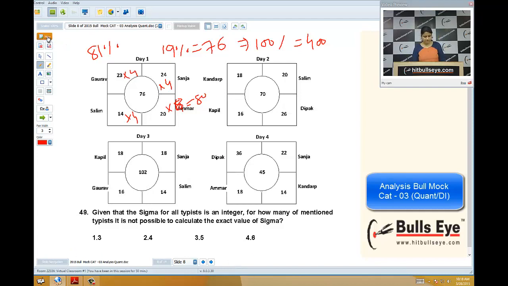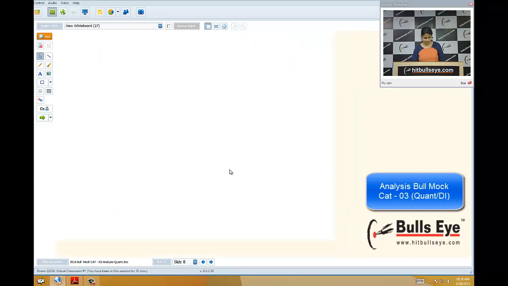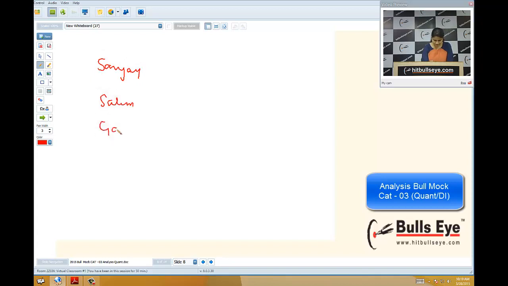Now I'm making a table. By using the same thing, I can write there were 6 typists: Sanjay, Salim, Gaurav, Amar, Kandar, Kapil and Deepak.